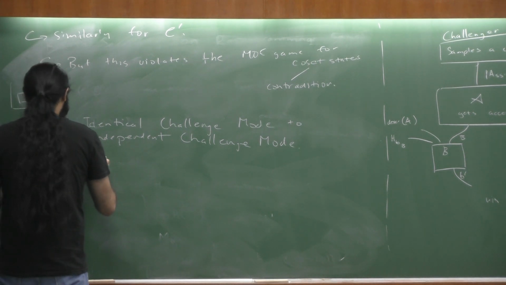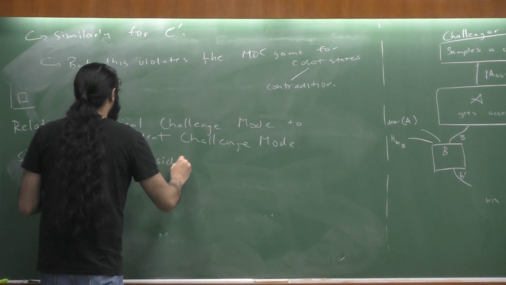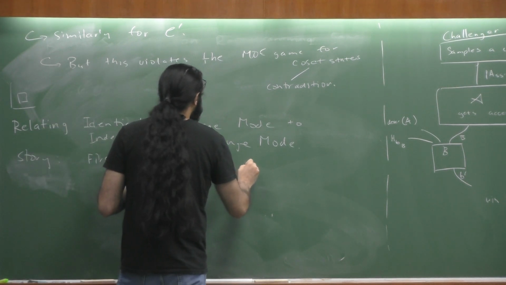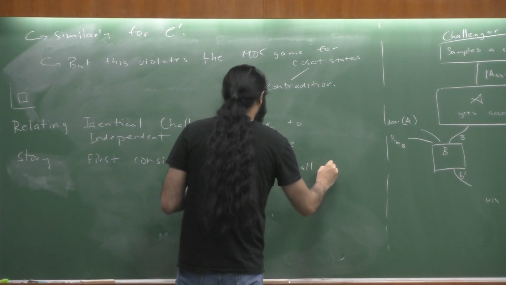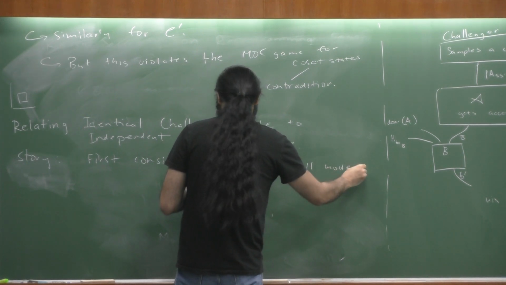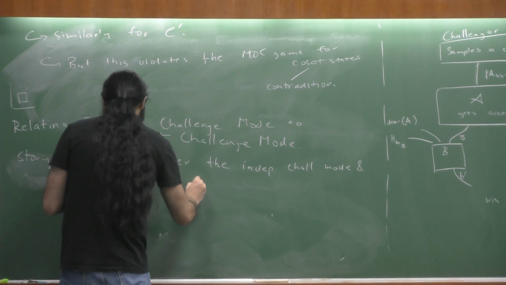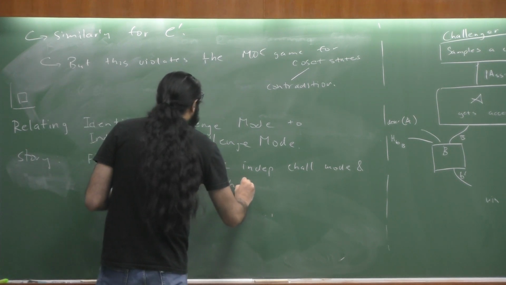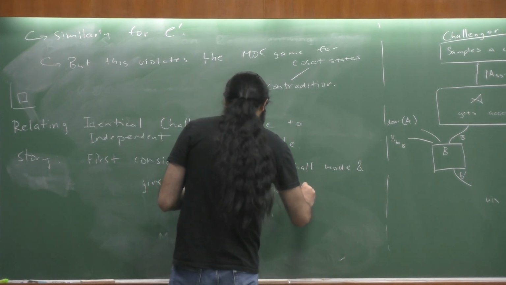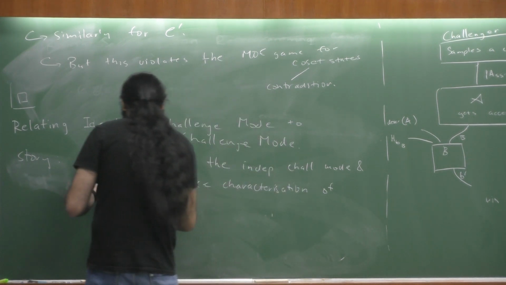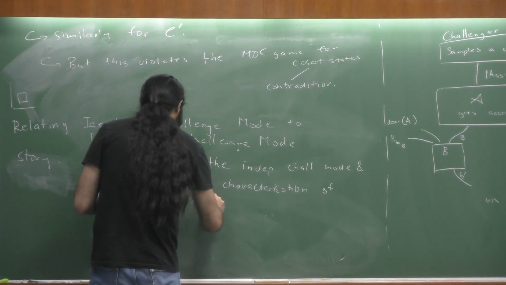Okay, so we first consider the independent challenge mode, and then give a nice characterization of the state produced by Alice.